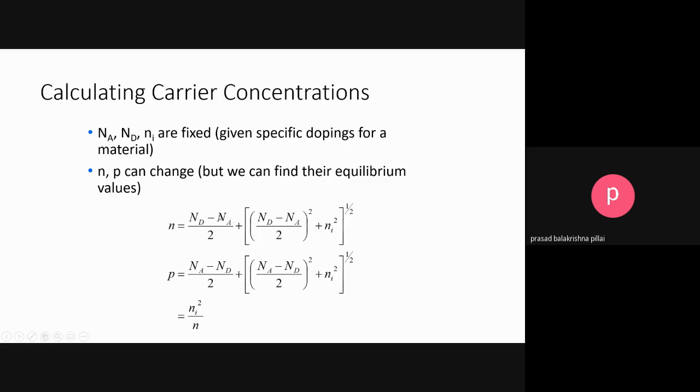So you can neglect the Na contribution in this, and Ni also will be much smaller than Nd. What will n be then? If Na is very small and Ni is very small, then what will happen to this equation?